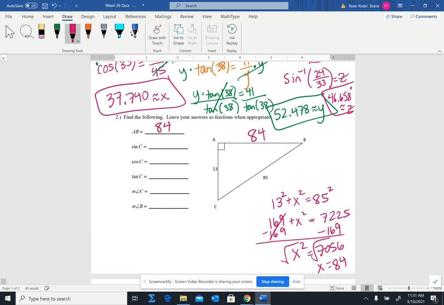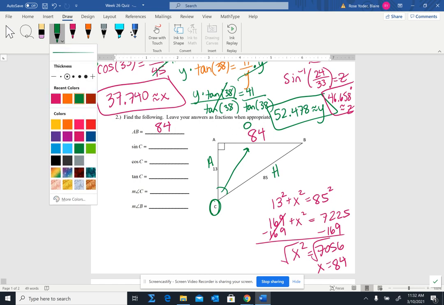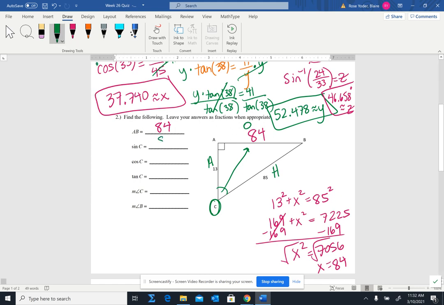All right, that's a lot of work to just start the problem, but the good news is that's the hardest part of the problem. After that, it says all of these are about angle C. So I'm going to look at angle C. 84 is the opposite, 85 is the hypotenuse, so that means 13 is the adjacent. So sine, some old hippie, O over H, 84 over 85.